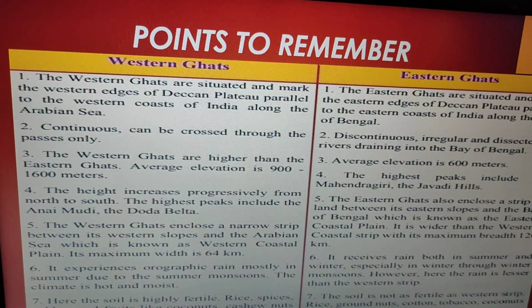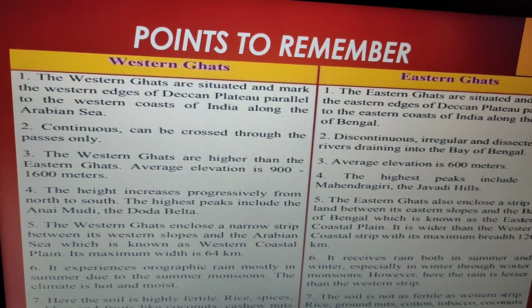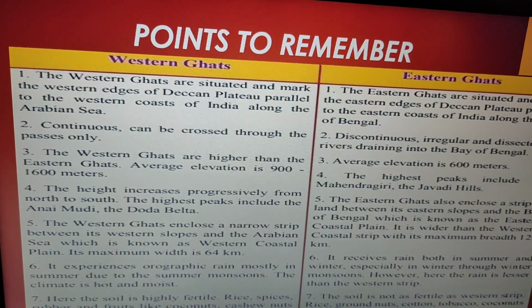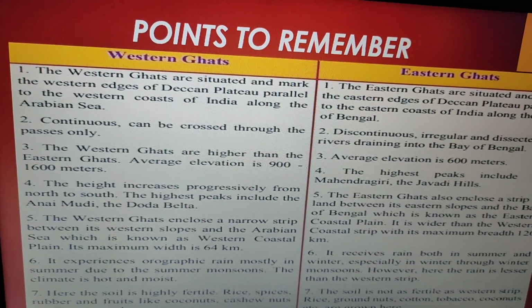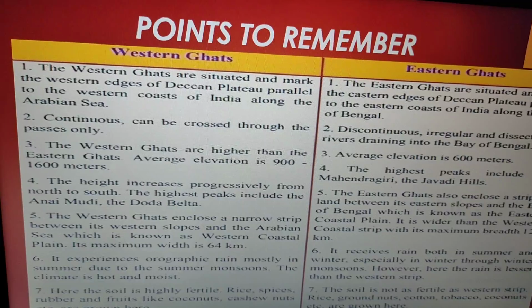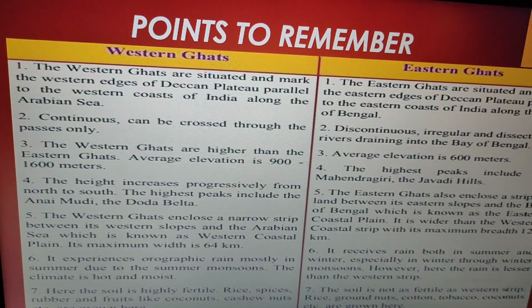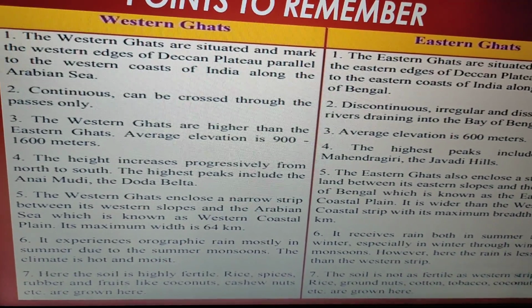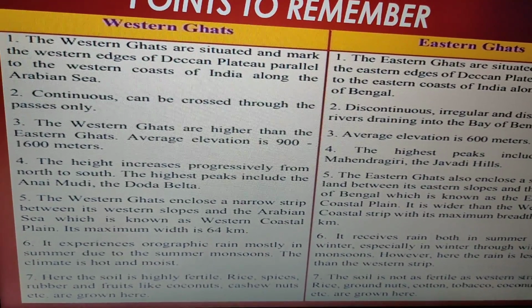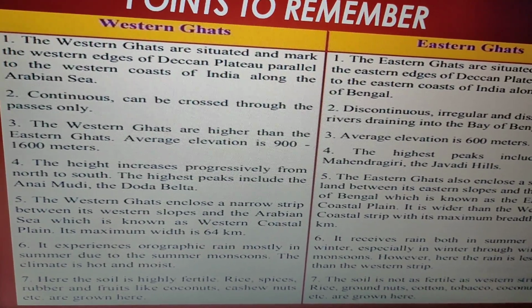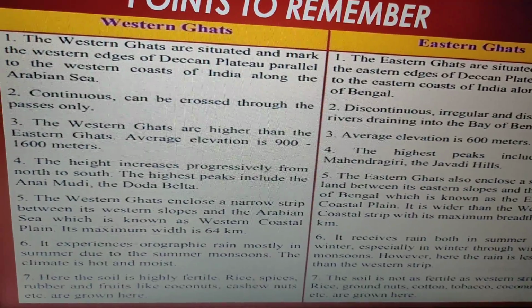The Western Ghats are higher than the Eastern Ghats. The height increases progressively from north to south. The highest peaks include Anaimudi and Doda Betta. The Western Ghats enclose a narrow strip between its western slopes and the Arabian Sea, which is known as the Western Coastal Plain, which we have discussed.